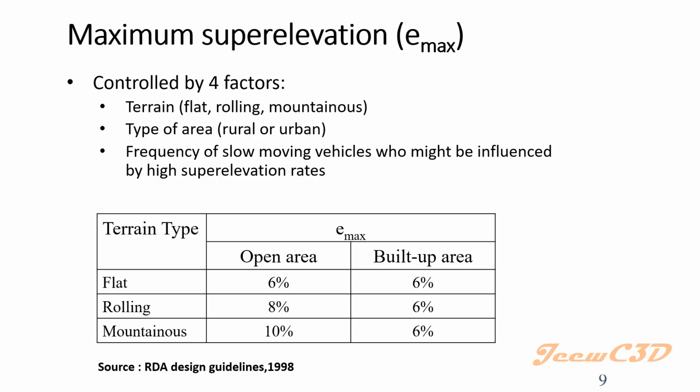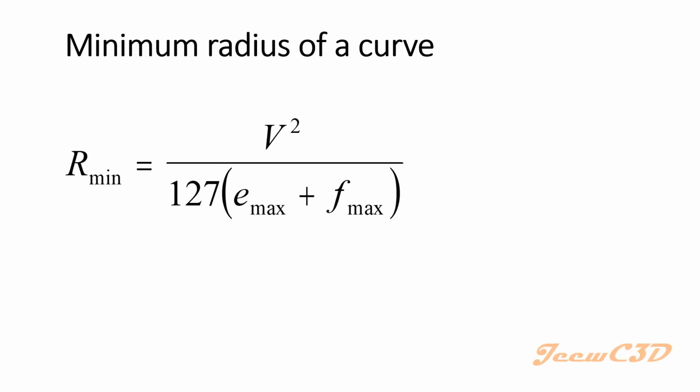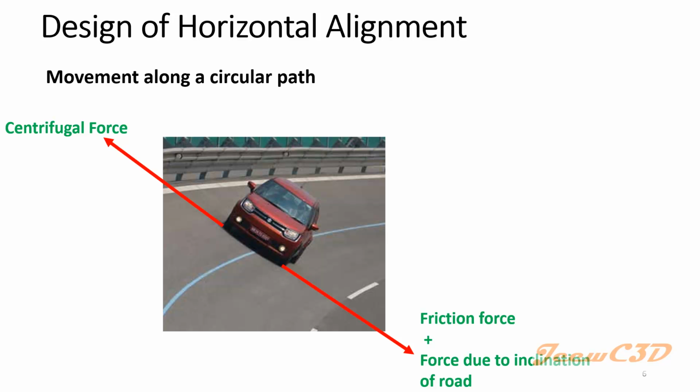So if I go back to this image, if you have a heavy vehicle here, this load will act on the ground and one component will act along the road.